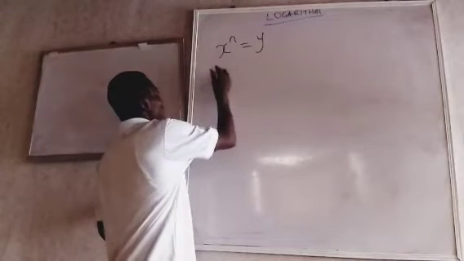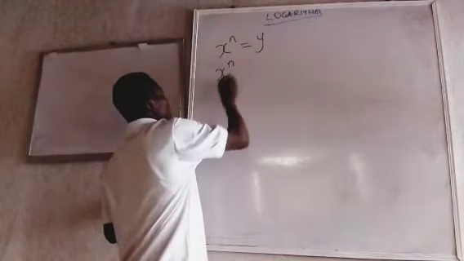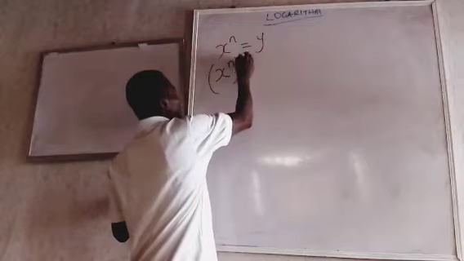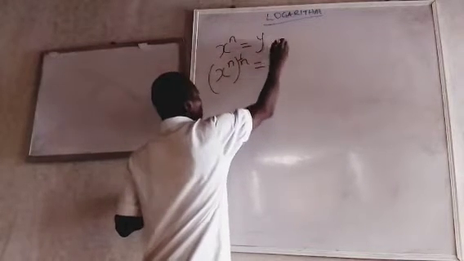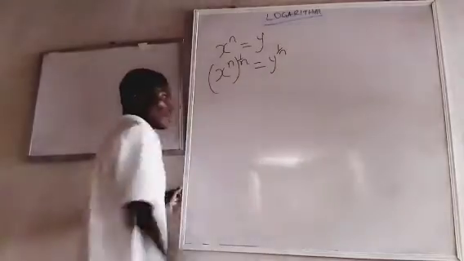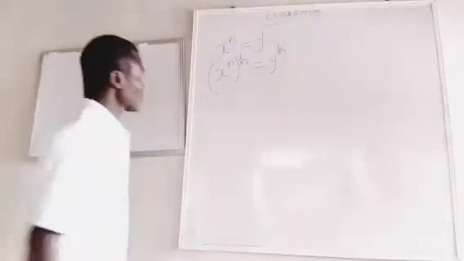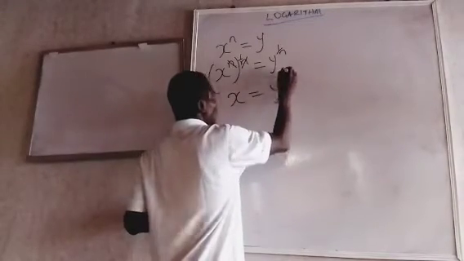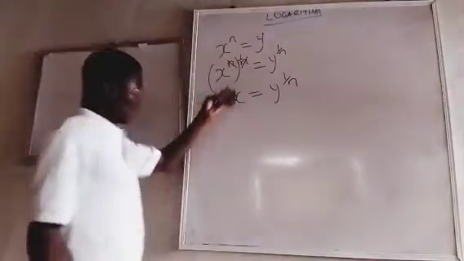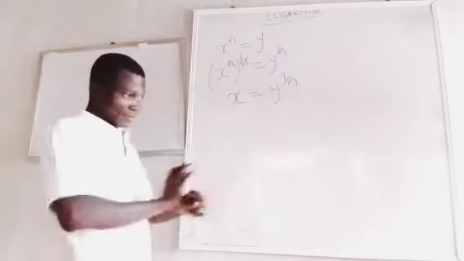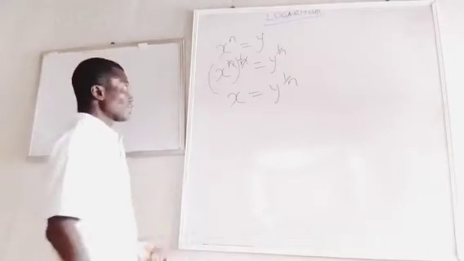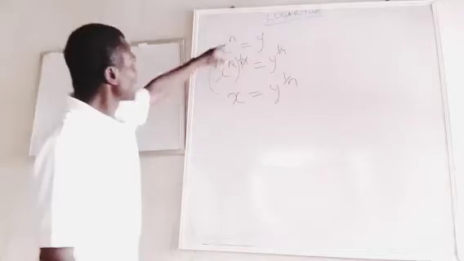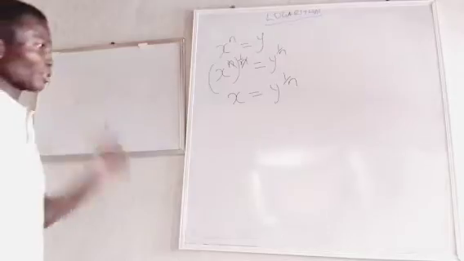So we can say x raised to power n, raised to power 1 over n, will be equal to y raised to power 1 over n, for that operation to happen on both sides. So this one cancels this, so x is equal to y raised to power 1 over n. Considering this, the two of them are still indices. This is indices, this is indices. But in logarithm, we are trying to make this power here the subject of this equation.